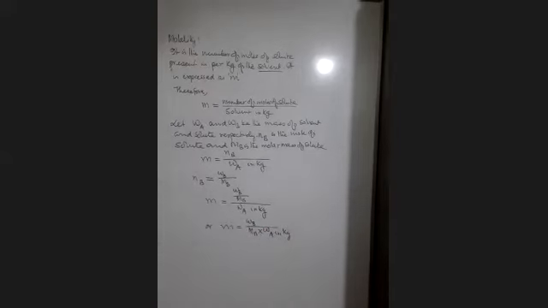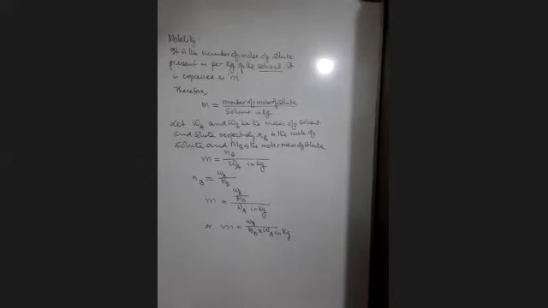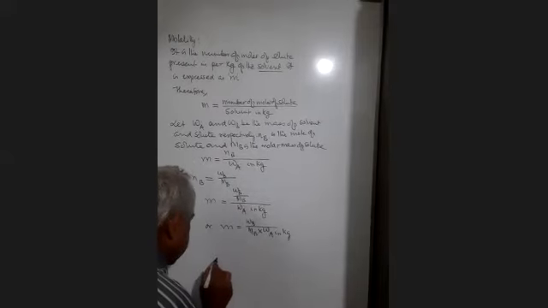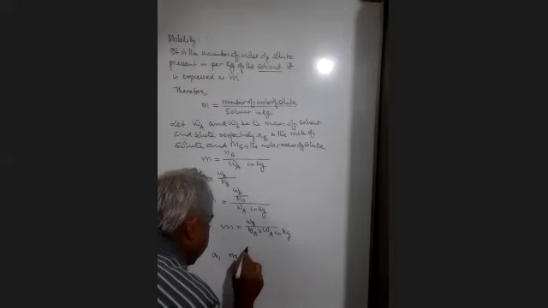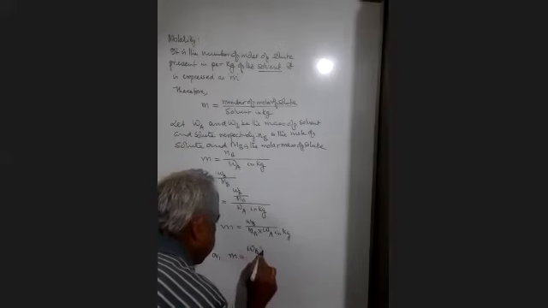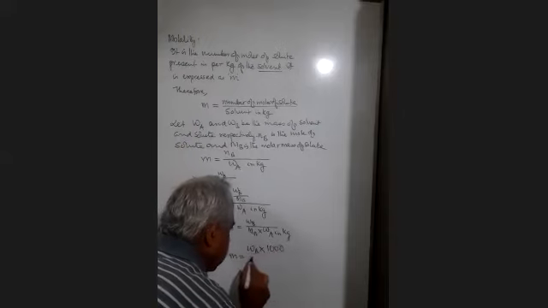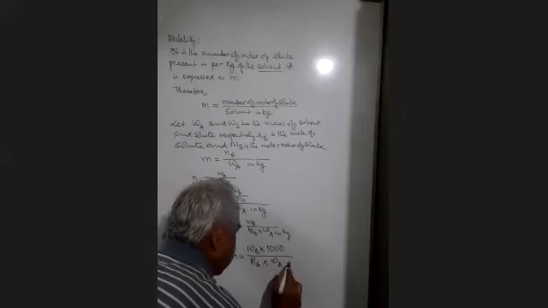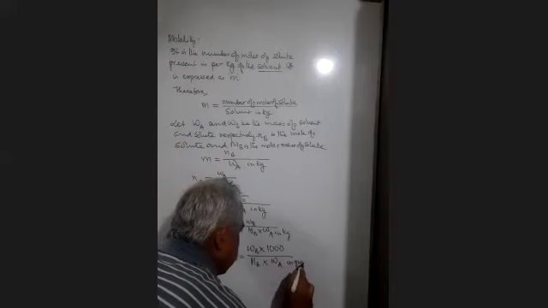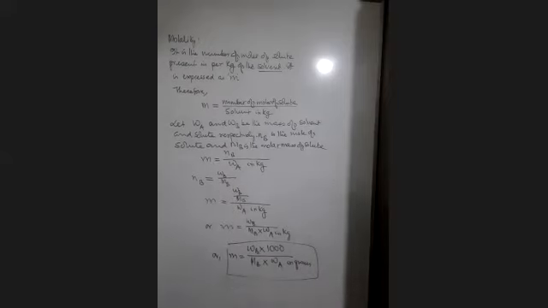Now I have to convert into gram. I already showed you, if you divide it by 1000, then it gets converted into gram. So I can write ultimately m is equal to WB into 1000 by MB into WA. So this is my final equation.